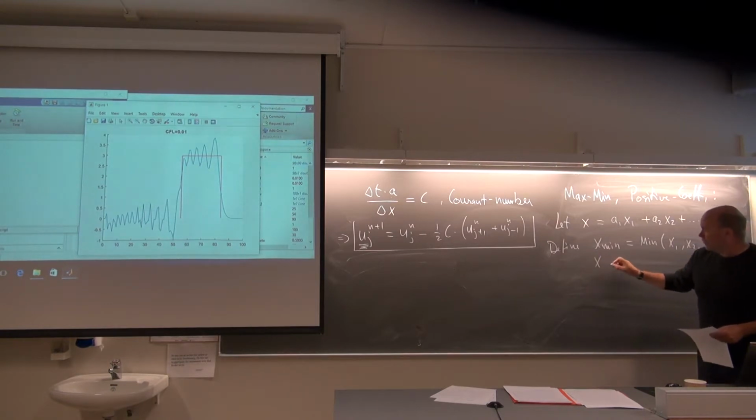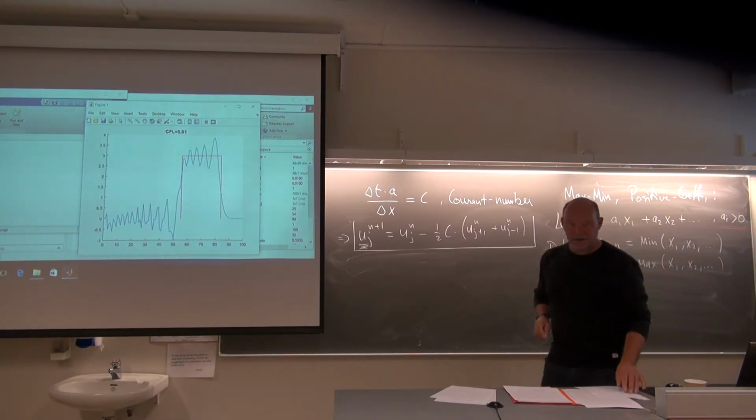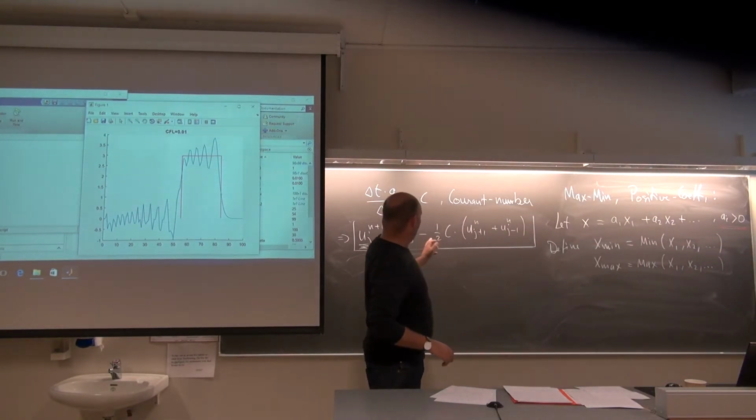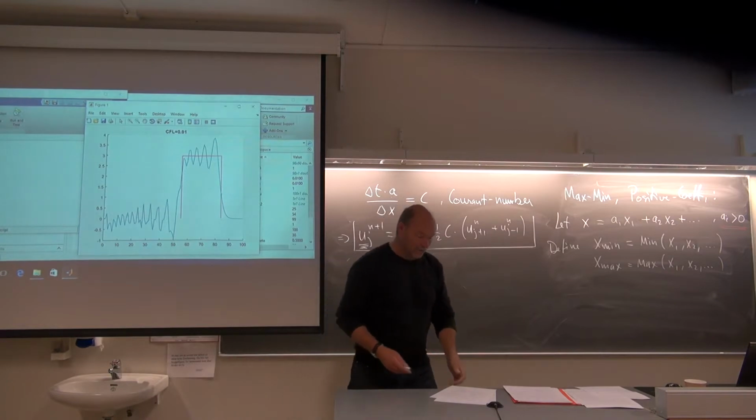Also, we define x max, same way as the biggest one of all these x1, x2, and so on. Of course, this x1 and x2 and x3, they are whatever you find on the other side here in your discretization stencil.